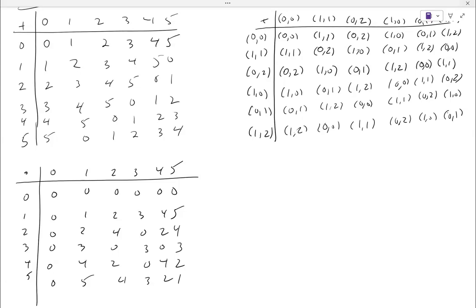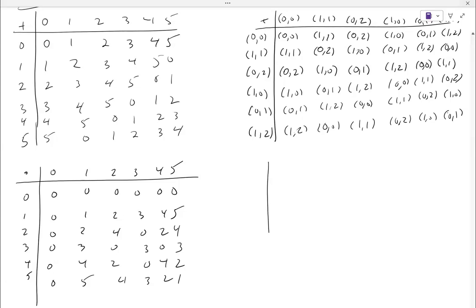Obviously, 0 times anything should be 0. 1 is the multiplicative identity, so you just have 0, 1, 2, 3, 4, 5 across that row. Notice there are some similarities between the 2 and the 4. And 3 is kind of its own little entity, if you will. And then 5 is kind of the reverse of the 1, except for the 0 part.